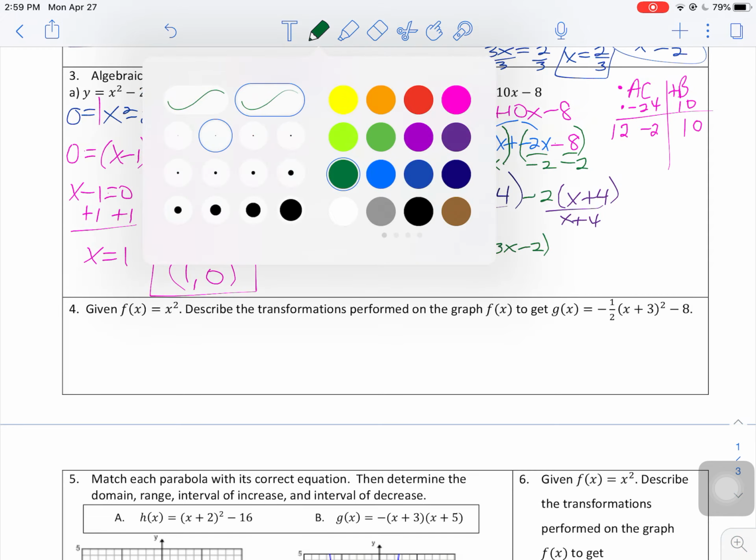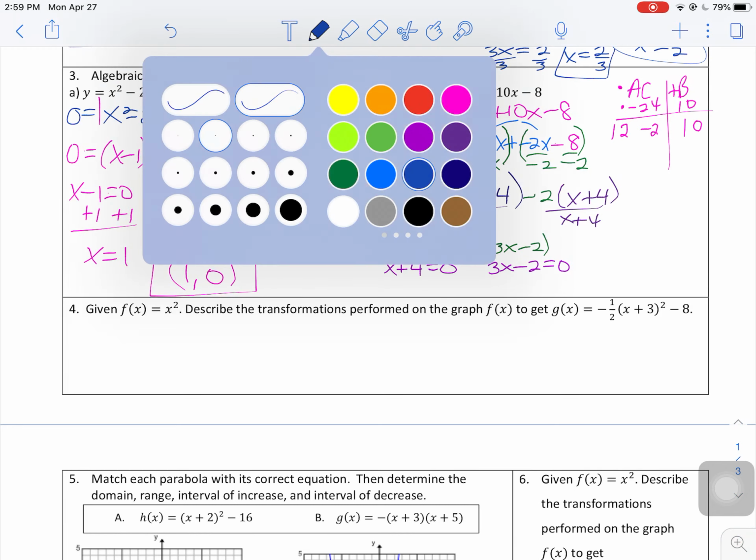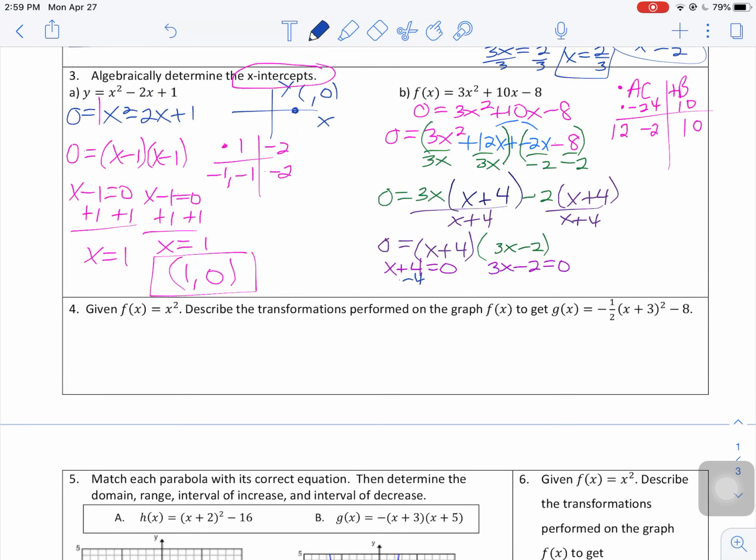Set each factor equal to 0, solve for x, and then don't forget to write our answers as ordered pairs, like I almost did in part A. So it looks like I'm getting x equals -4 as one answer. I'll still have to write it in the correct form in just a second. And 3x equals 2.